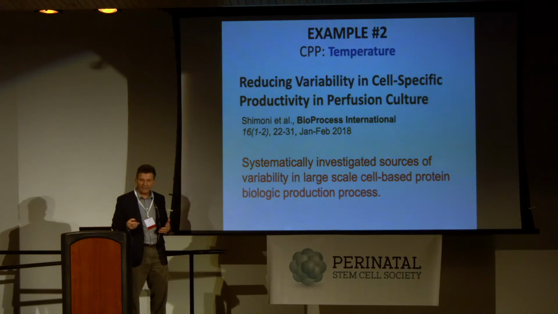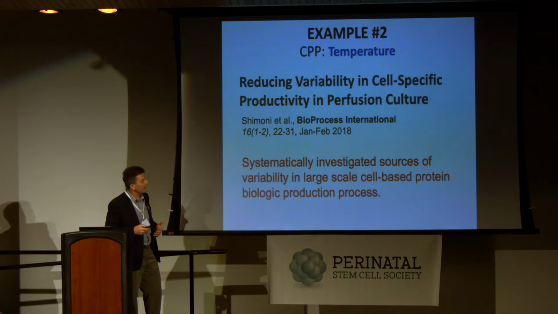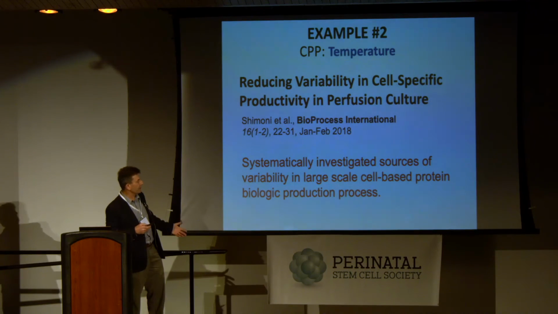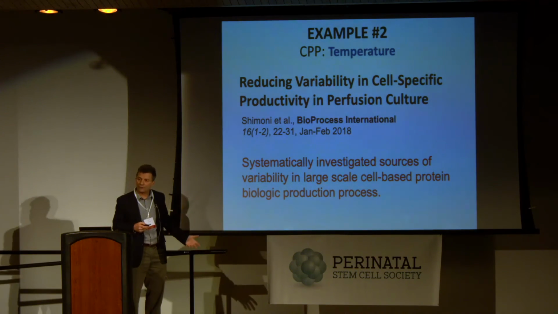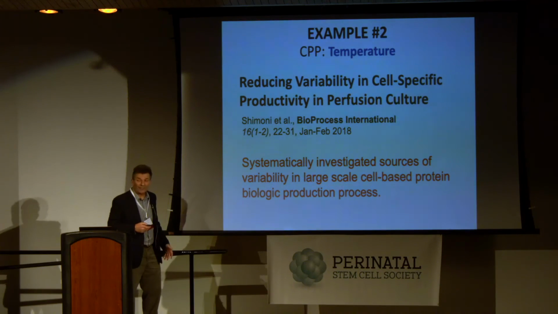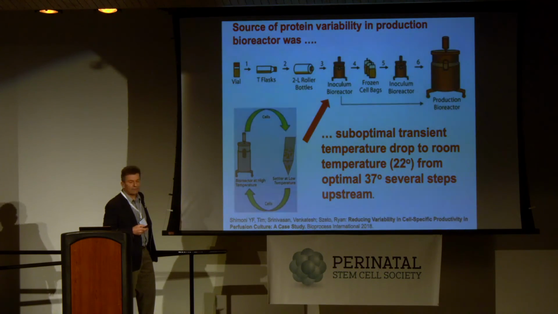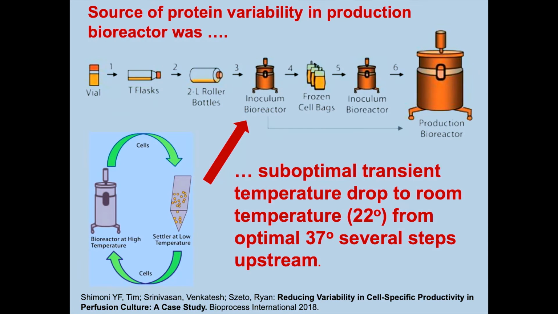I think it was a coagulation factor. This variation was troublesome to them, so they decided to do a systematic investigation and look all the way back through the process to see where this variation was coming from. Obviously, a big problem. And what they discovered was really amazing and really surprising.